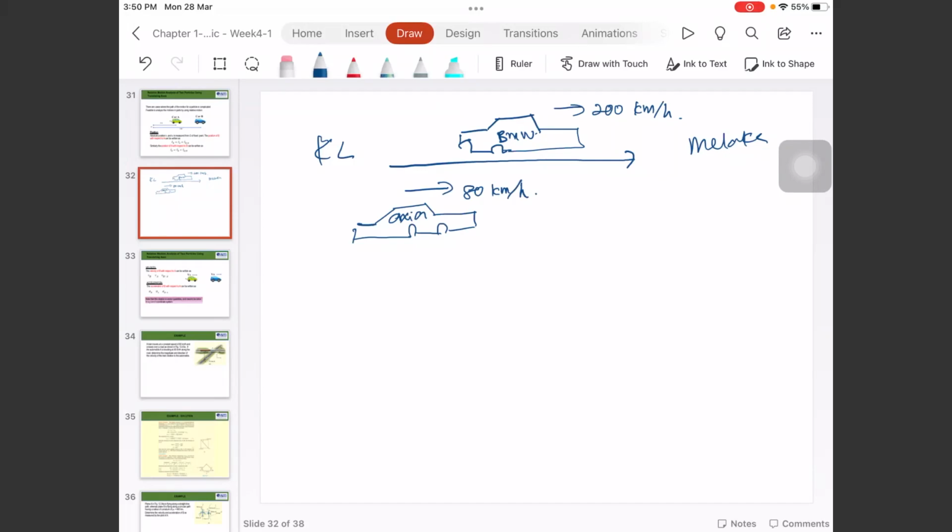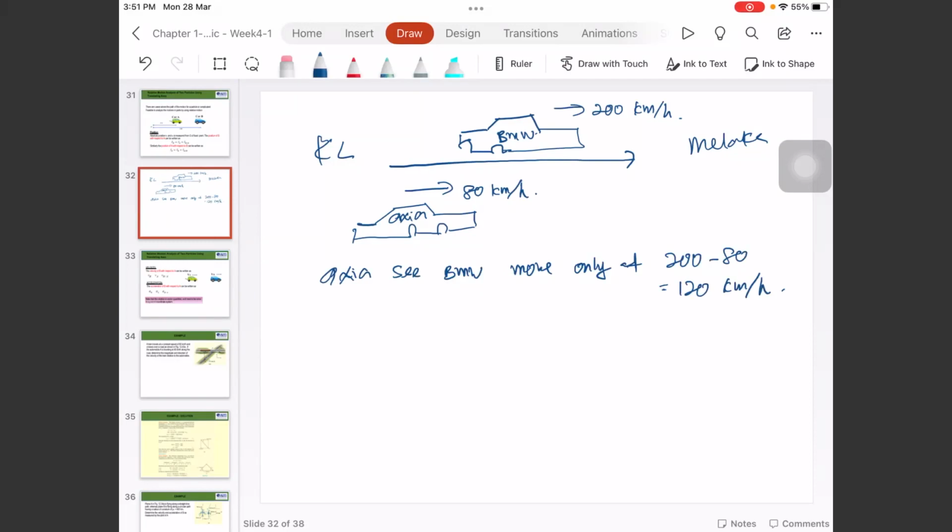Asia nampak BMW move only at 200 minus 80 saja, so dia nampak dalam 120 per hour saja. Itu adalah relative motion between two particle. So Asia nampak BMW tu seolah-olah bergerak slow je.